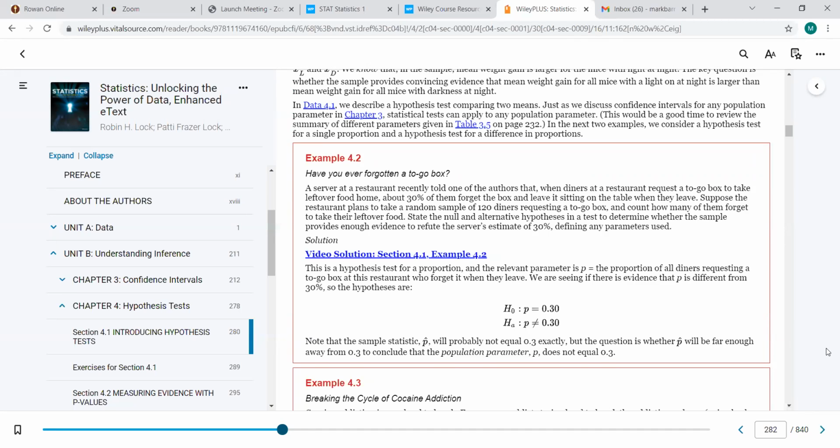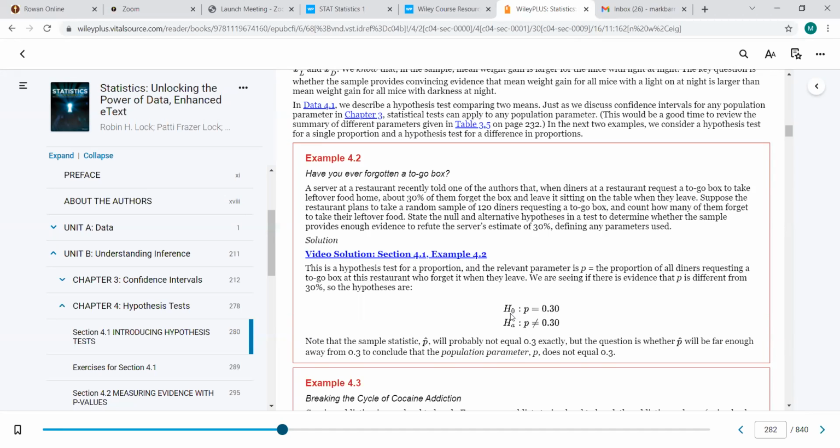So they forget that they actually had the box. So suppose a researcher wants to challenge that claim, saying that they don't think it's 30%, they think it's something other than 30%. Well, the 30%, by the way, is a proportion, all right? 30% of people, right? We're counting the number of people and dividing by the number of people that attend the restaurant. So 30% is 0.3. So here's the null hypothesis.